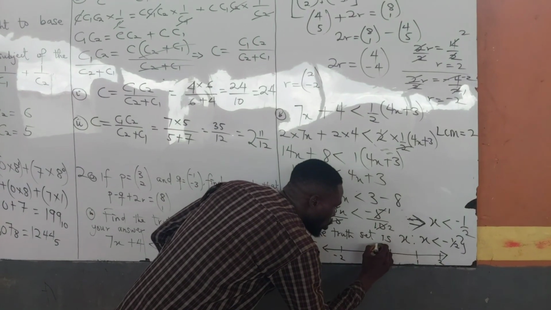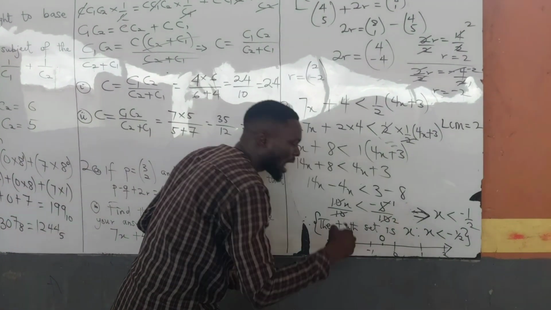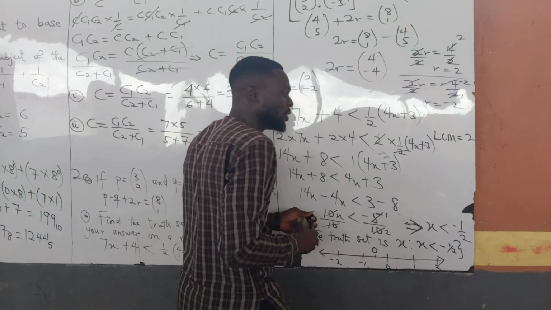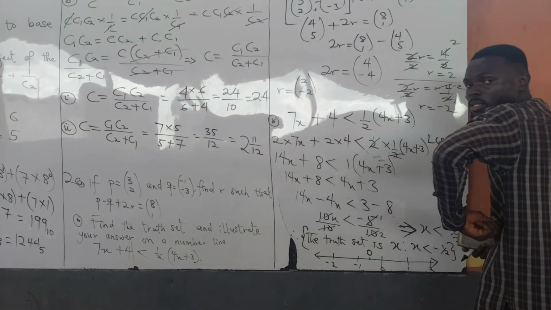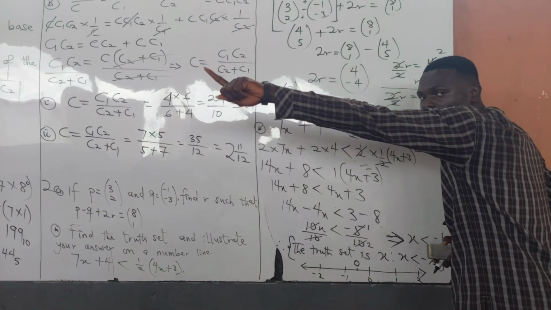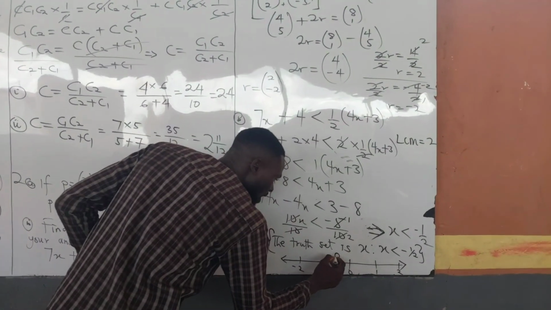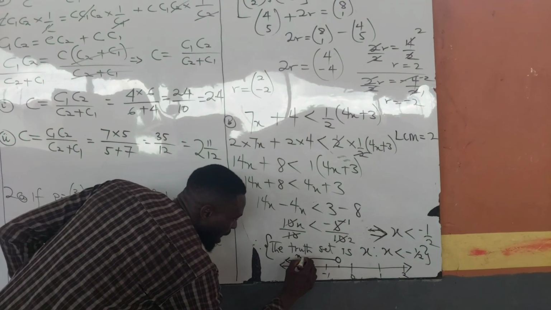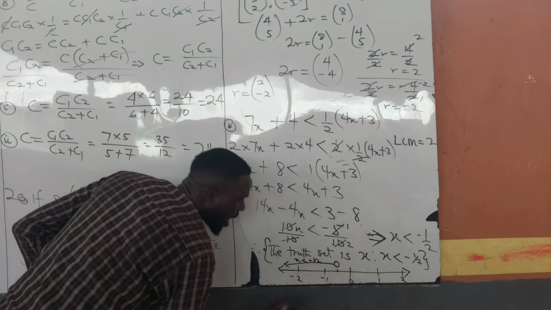So we now draw a circle at where the x is being referred to, looking at the value is less than, which means like this. So stretching my left hand moves towards the left. So we just draw a circle, a line this side, then we write x is less than negative half.